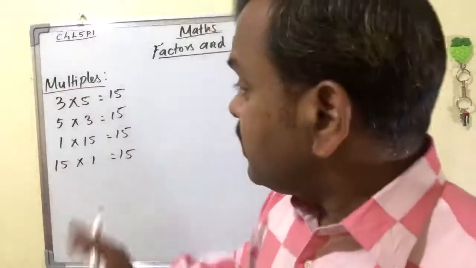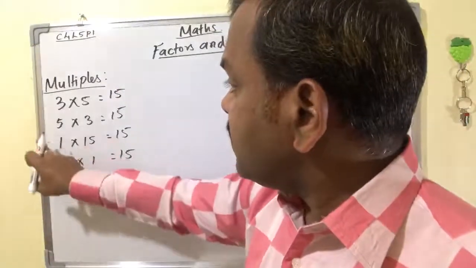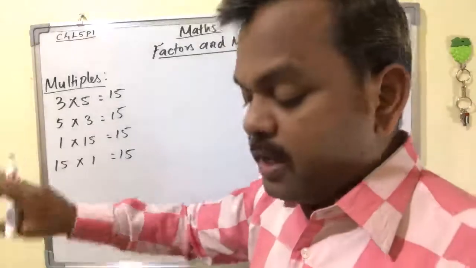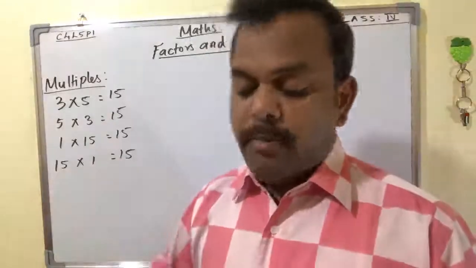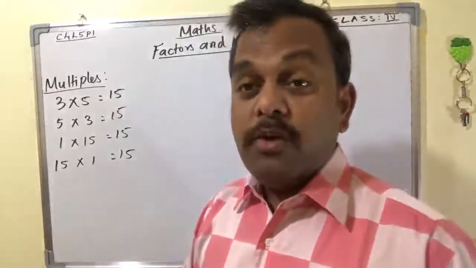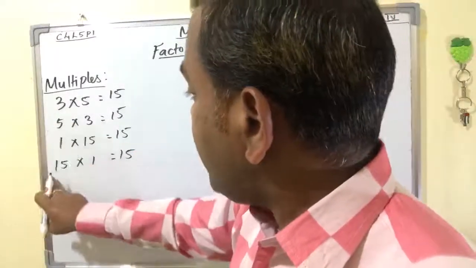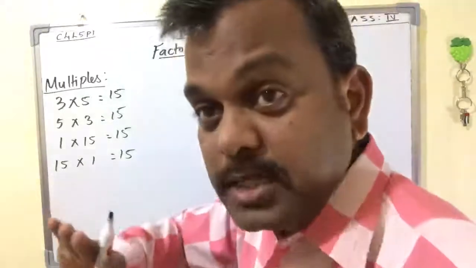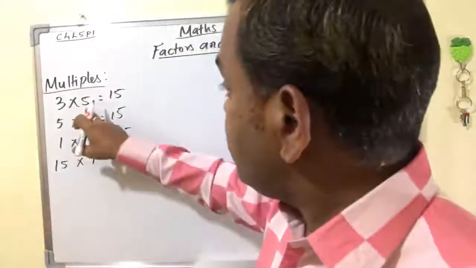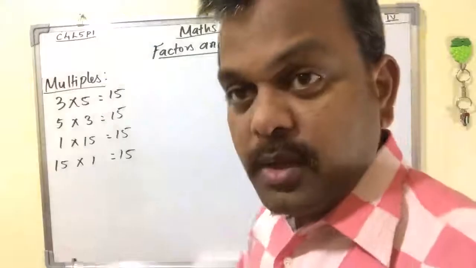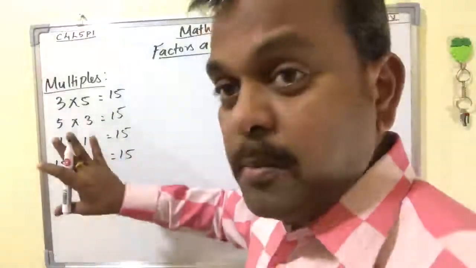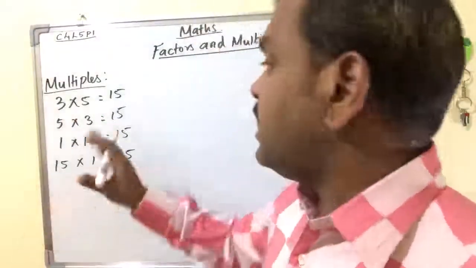So here 1, 3, 5 and 15 can be multiplied by another number to give 15. These numbers are multiplied by another number to get the answer 15.